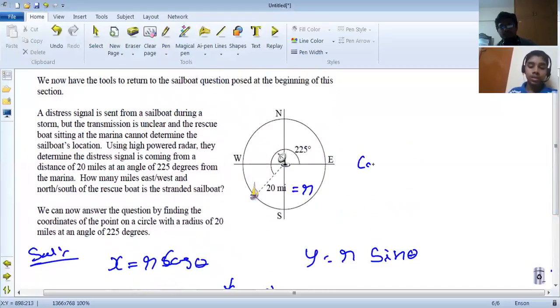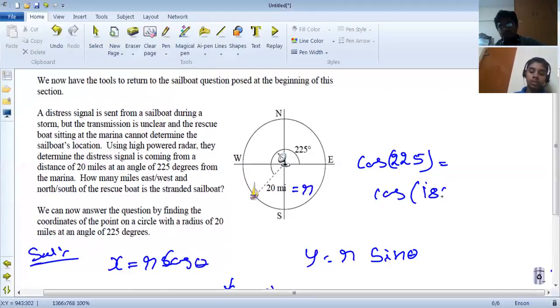Cosine of 225 is, since it is 180 plus 45, cosine of 180 plus 45. Whenever it is 180 plus something, you will get the same function, that's what I told you.